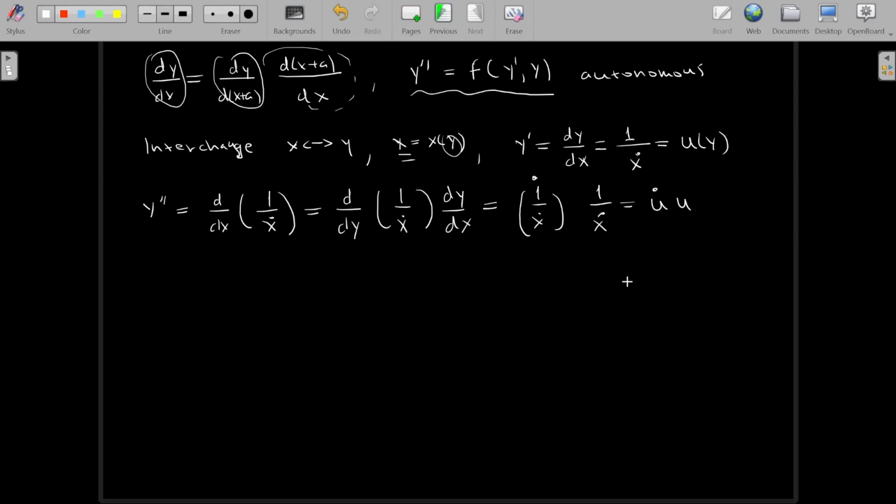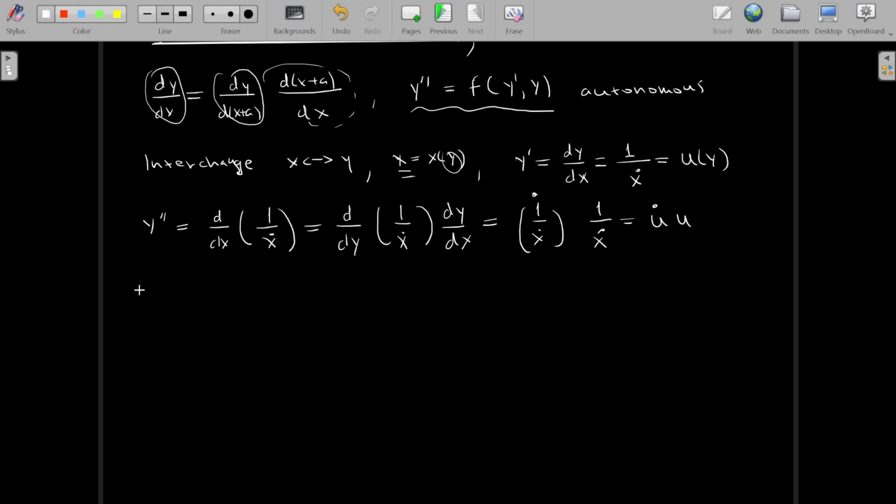So the only transformation that is needed here, and I'm going to rewrite them: y prime is equal to u of y, and y prime prime is u dot u.